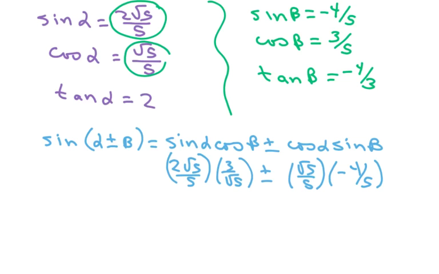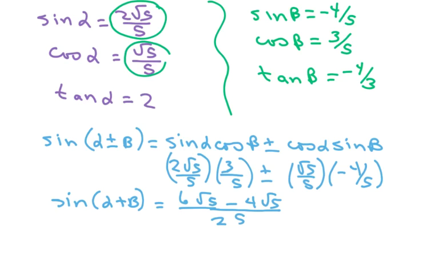So for the plus part, we're going to get 6 square root of 5. I wrote this wrong, this should just be 5. 6 square root of 5 minus 4 square root of 5 all over 25, and that equals 2 square root of 5 over 25.